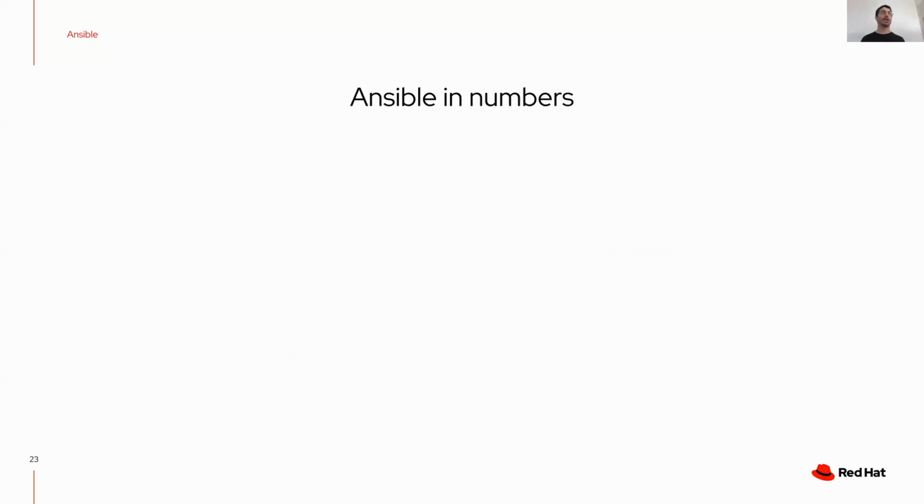Just to give you a couple of numbers to give you an idea on the size and the popularity of Ansible, those are not S390 specific, those are global. Obviously, S390 is a part of those numbers, but it's not the whole totality of those. So there are roughly 2 million downloads of Ansible per month, and we are talking only about the version distributed by Red Hat.